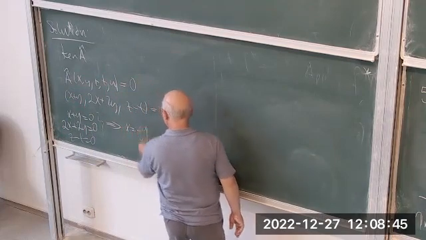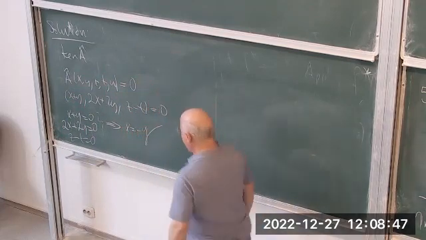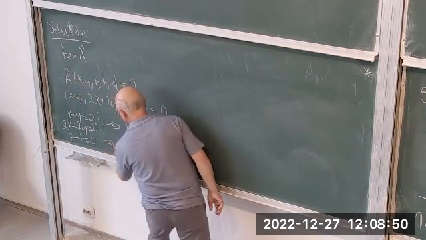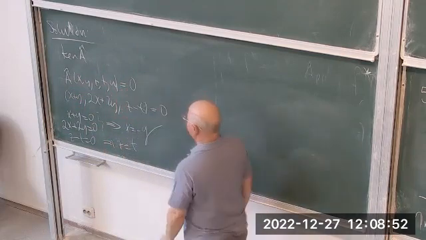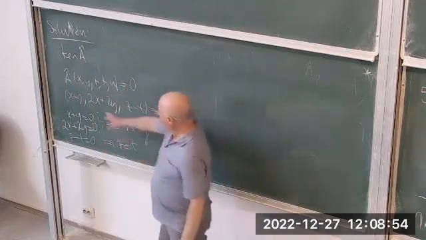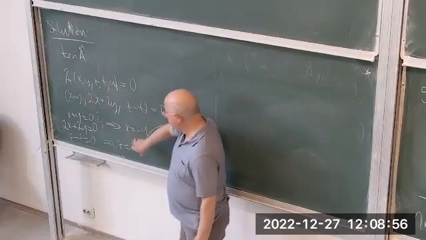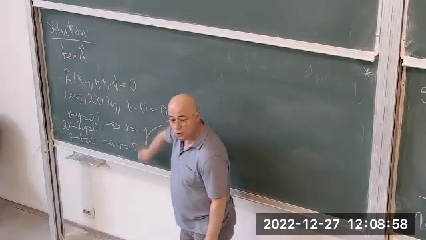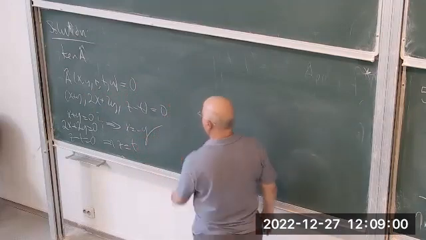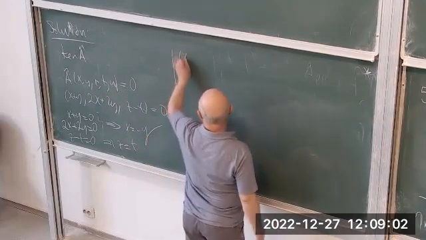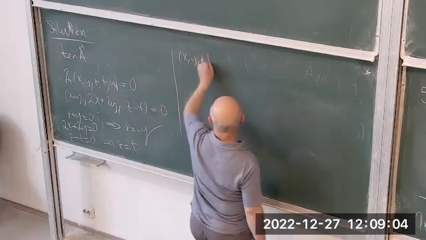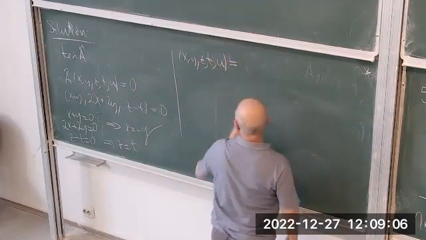This gives X equals minus Y, and this gives Z equals T. So, if a vector is in the kernel, then it should satisfy these two conditions. Well, then we can just write this to determine the kernel.